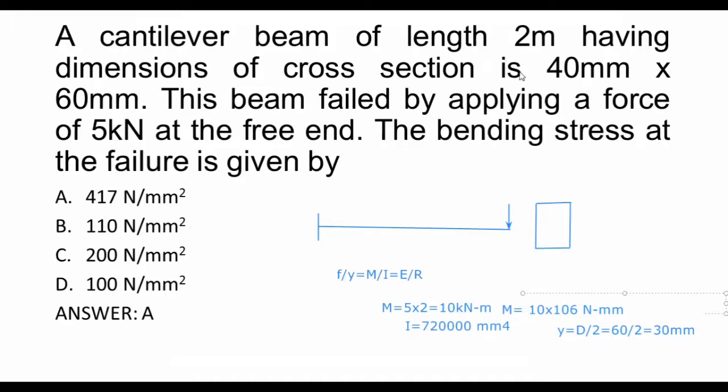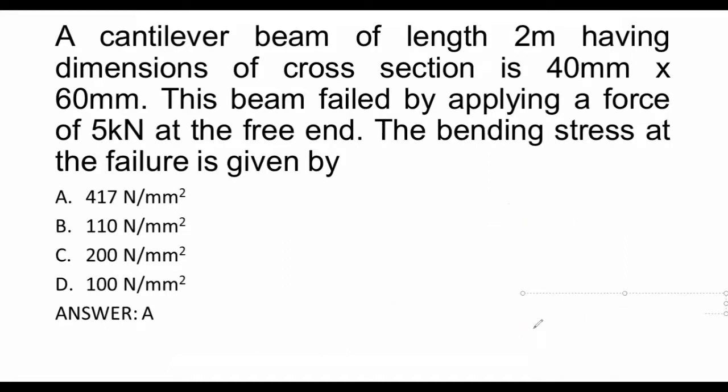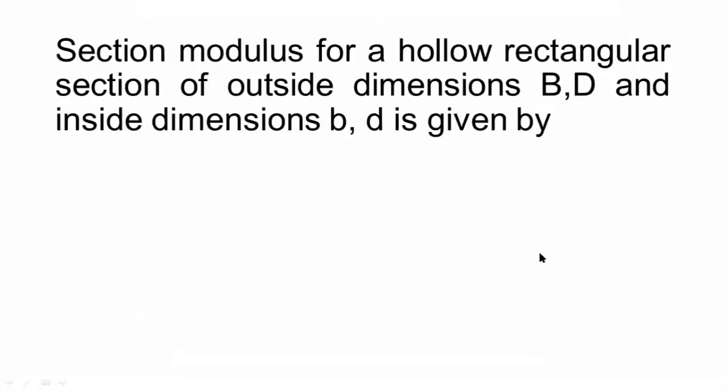Now let us go to next question. Before that, I will just remove all these values. Section modulus for a hollow rectangular section of outside dimensions capital B and capital D and inside dimensions small b and small d is given by this value.